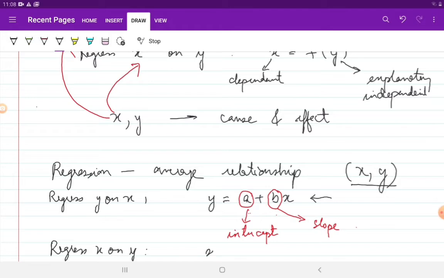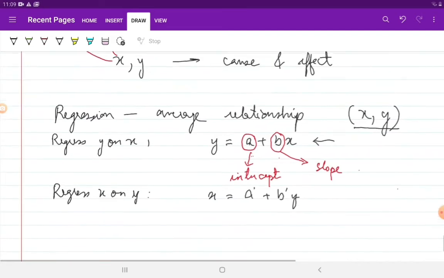So x is a linear function of y: a dash plus b dash y, since y is the explanatory variable. Once again, I'm preferring to use the letter b as the slope, just to make things easier for me. Even if you do change the letters, nothing happens. Just be consistent with whichever symbol you are using.